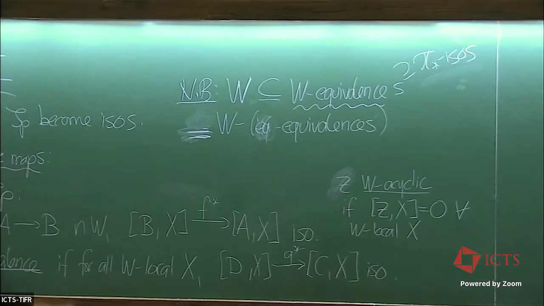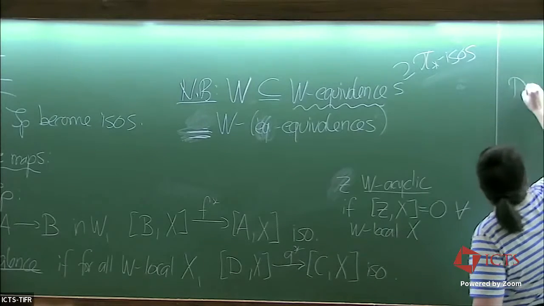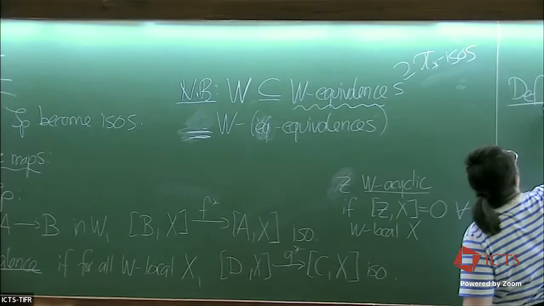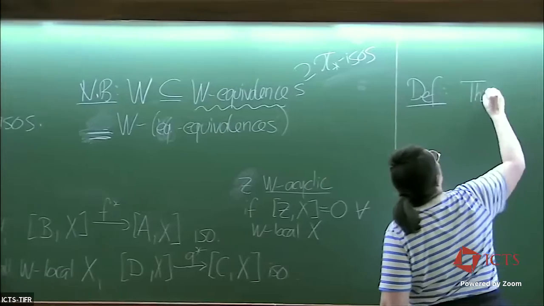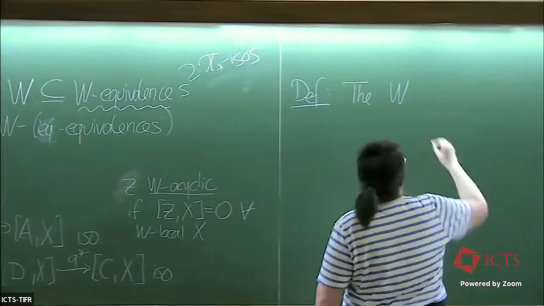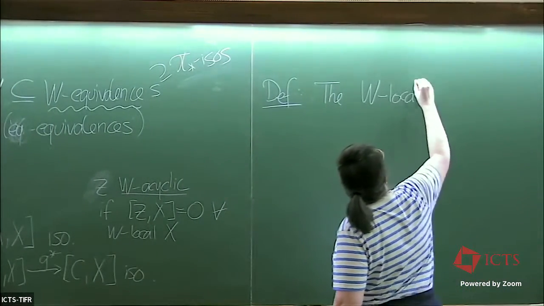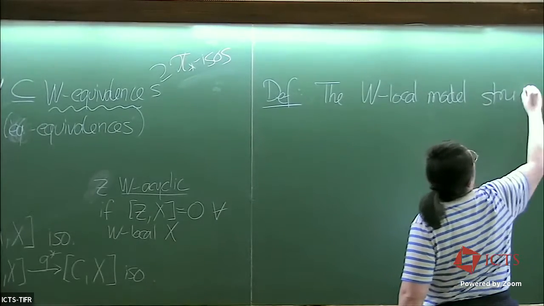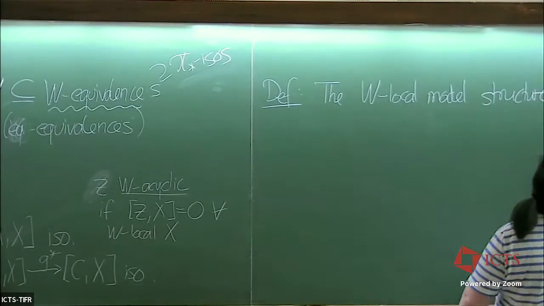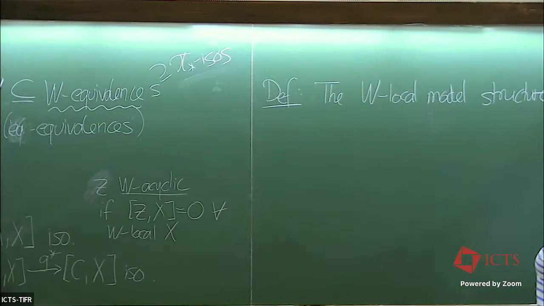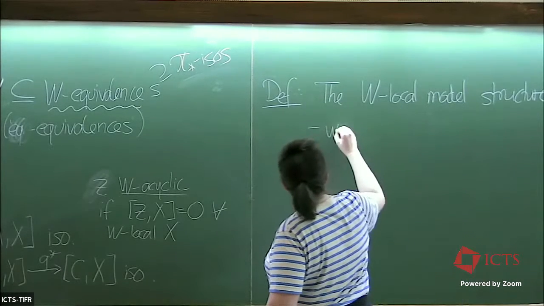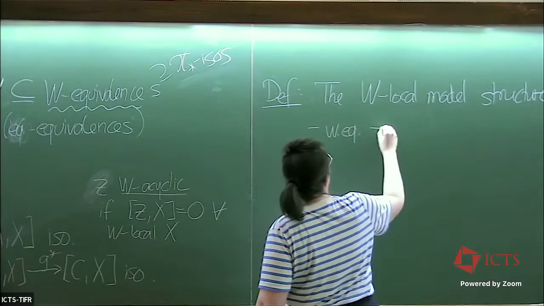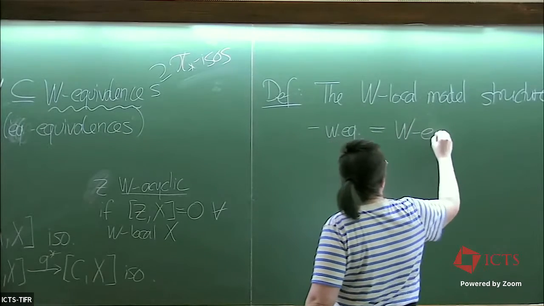So here, this has a name. So the W local model structure on spectra is the following. The weak equivalences are the W equivalences.